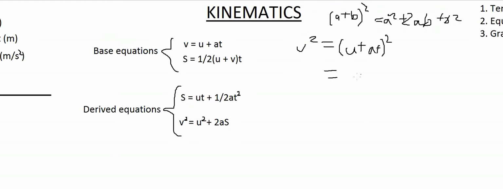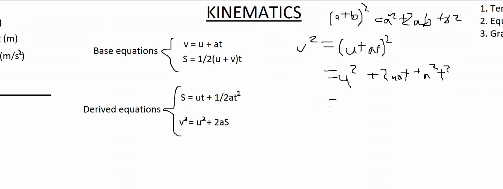So you get v squared equals u squared plus 2uat plus a squared t squared.